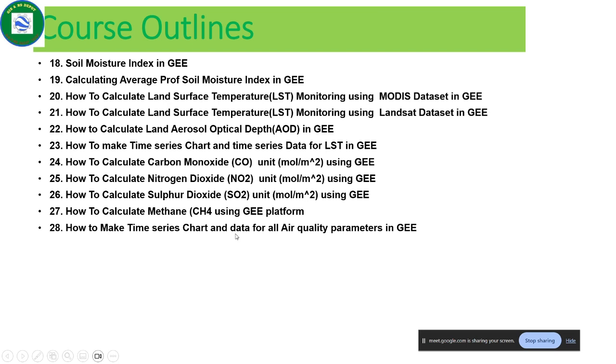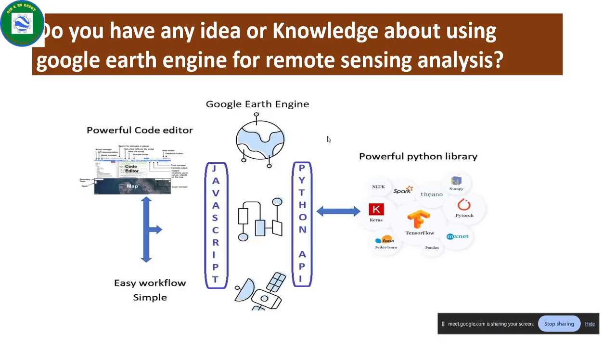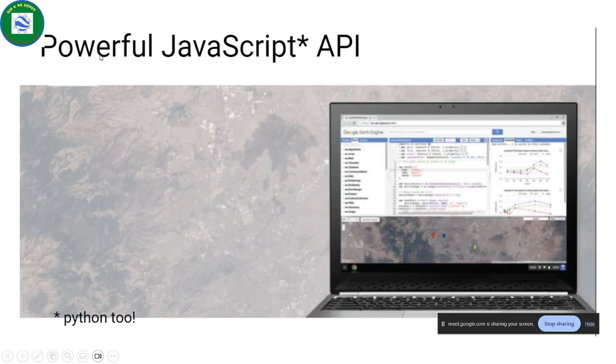We use this powerful code editor of Google Earth Engine, with JavaScript or Python API, and then we complete all of our analysis work. So let's go to the next slide. Google Earth Engine has a powerful JavaScript API. Also, if you want, you can use the Python programming language.